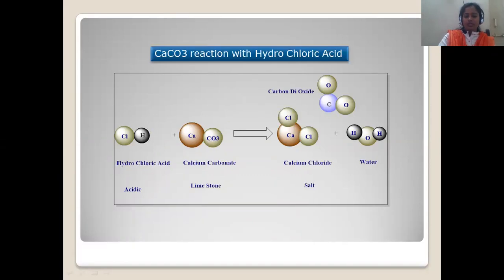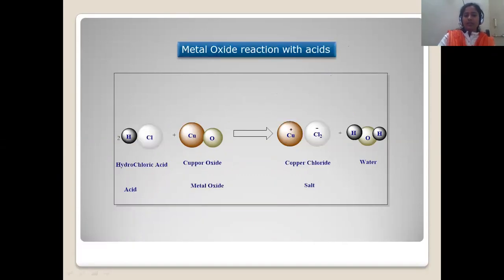Copper is in the dipositive state and each chlorine is in the -1 state. So copper chloride salt will be formed, and the formation of water is possible, right? So this is about the reaction. Whenever a metal oxide is treated with an acid, the formation of salt and water is possible.